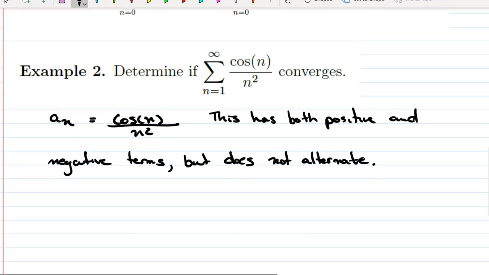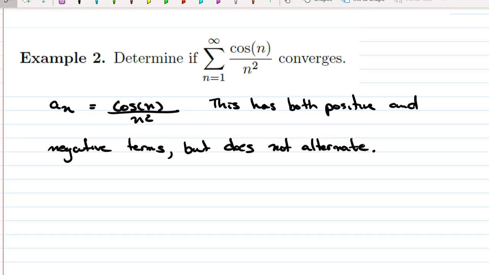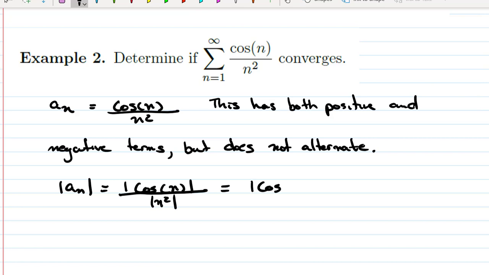So if we look at the absolute values of our a sub n's, the absolute value of a sub n would be the absolute value of cosine n all over the absolute value of n squared, which is just the absolute value of cosine n all over n squared.